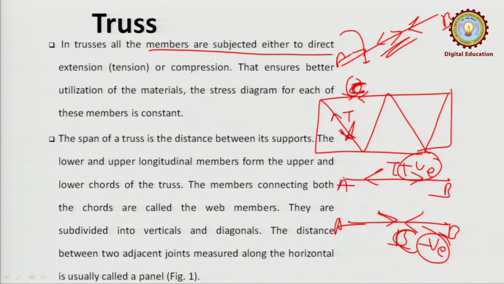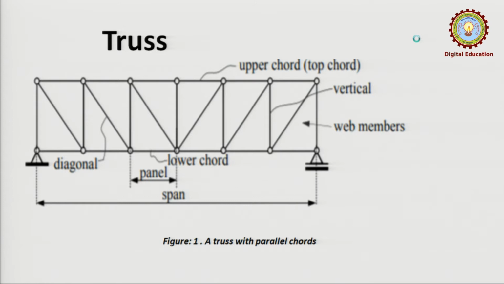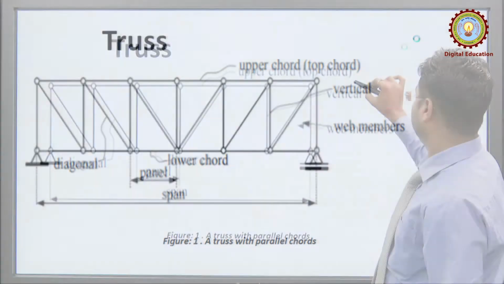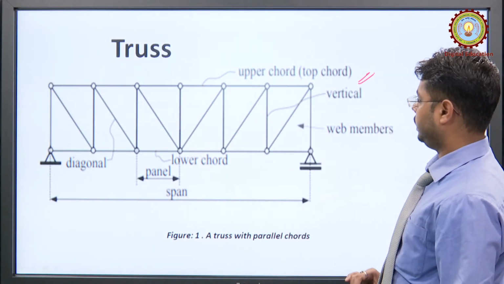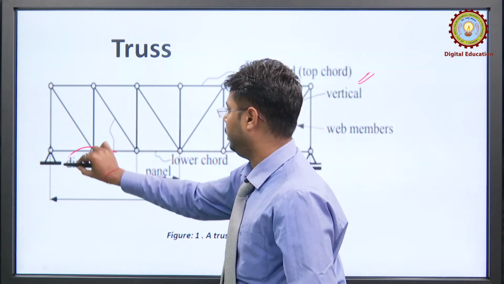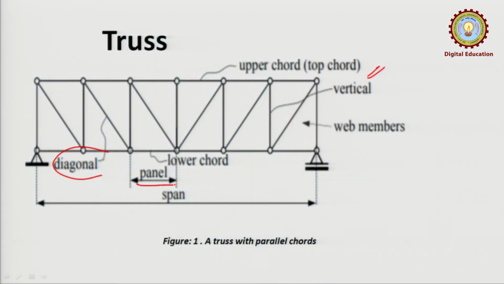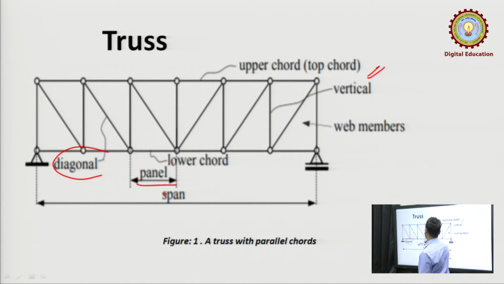This first point tells us about the sign convention and the tension and compression members. And in the second point we are going to discuss a little more about the properties of the trusses: what is the diagonal, what is the panel length, what is the lower chord and upper chord, the vertical and the web member.